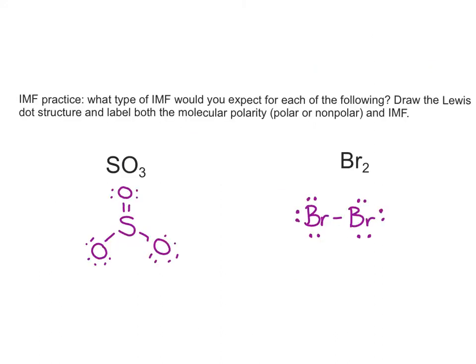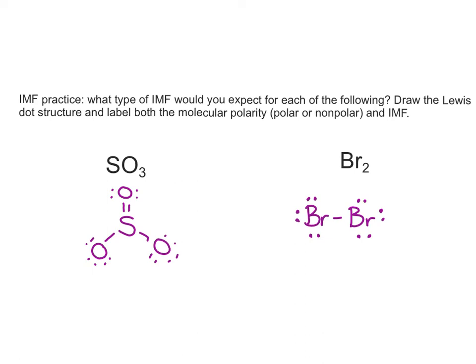So here's a few examples. SO3. You can do your drawing, get your structure, draw it out. I have our example right there, already done. First, before I can answer the IMF type, I have to figure out whether I'm dealing with a polar or nonpolar molecule. With SO3, I start with my first question. Does my center atom have lone pairs? It doesn't. So then I move to the next question.